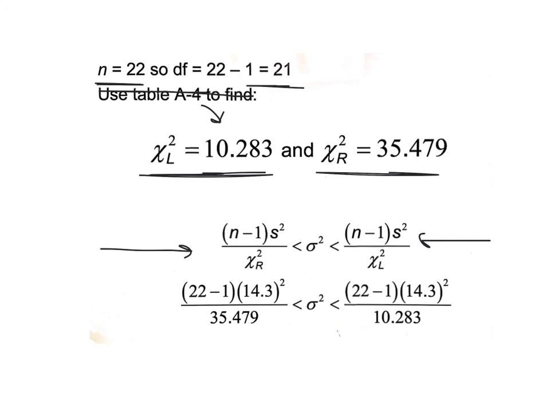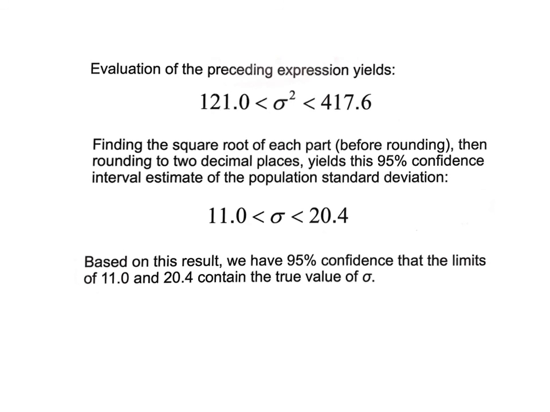So I'm plugging them in. Degrees of freedom, 21 right here. Sample variance right there, because it's squared. And down here are my two chi-square numbers. I'm just going to punch those in the calculator, work them out, and I come up here. Now, when I do that, that confidence interval is for sigma squared, which means it's the variance.